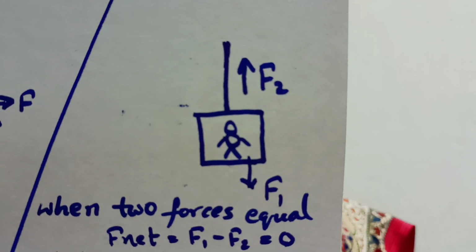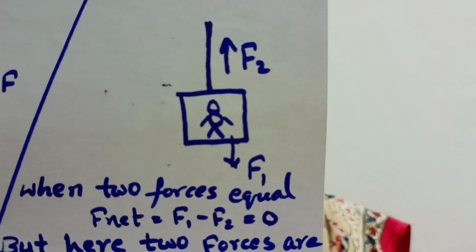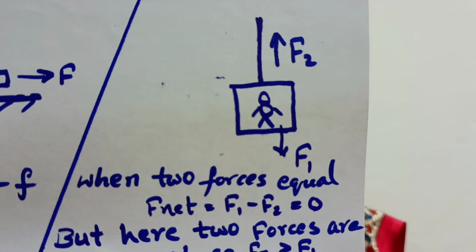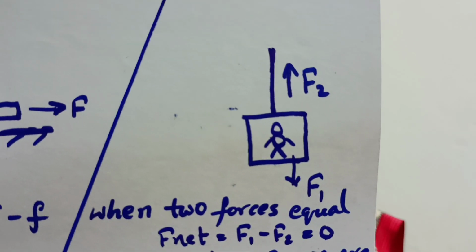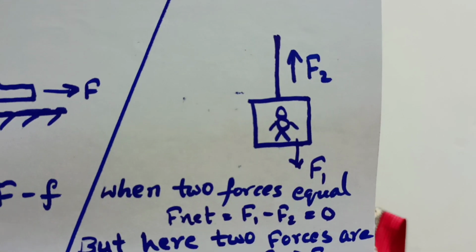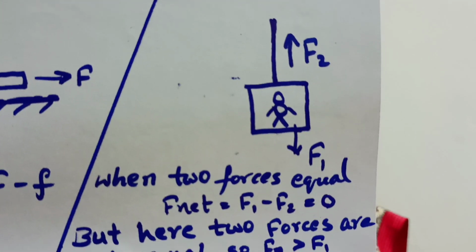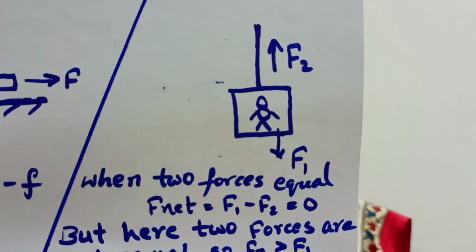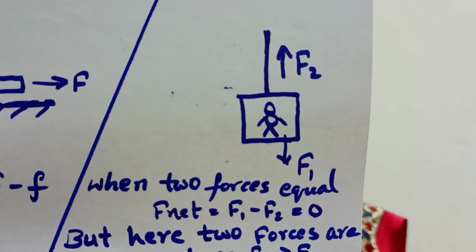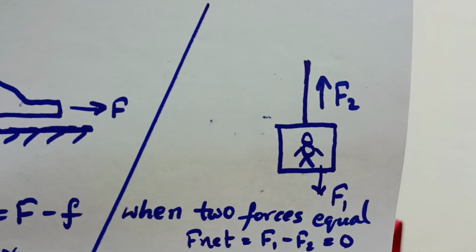But generally it doesn't happen. No lift moves with constant speed. That's why when we are standing in a lift, we feel that we are moving up, but when going down we feel it too, because it is not moving with constant speed. Generally the two forces are not equal.